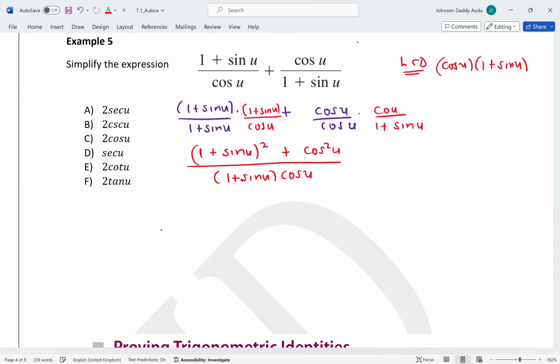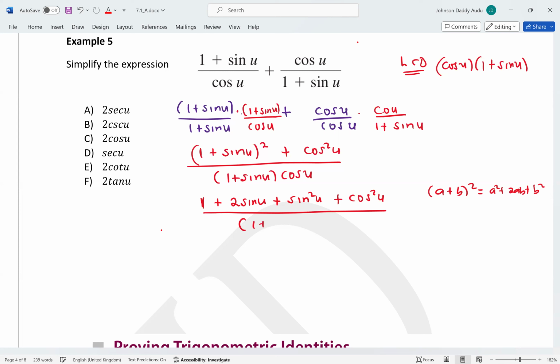Then if you expand the numerator, this will just be 1 plus 2 sine u plus sine squared u. It's like using a plus b squared, right? So this is a squared plus 2ab plus b squared. So that is what we used here. So sine u all squared is the same thing as sine squared u. Then you still have plus cos squared u over 1 plus sine u cosine u.